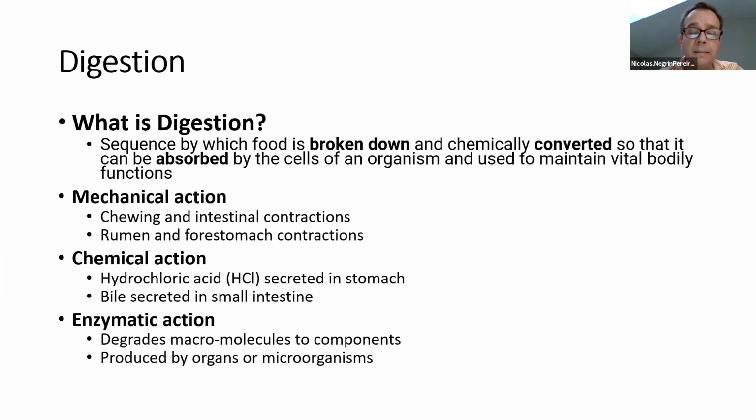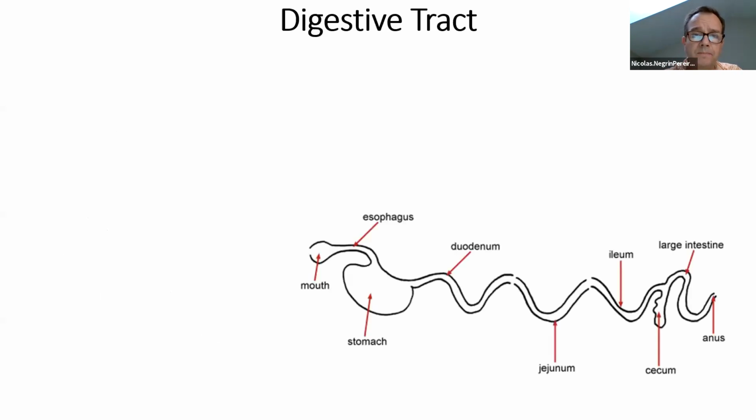These enzymes can either be produced by the organ, for example, the pancreas will be a good example, or by microorganisms. And here we have cellulases. As we know, it's an enzyme that is not synthesized by the host, but by the microbes located in the rumen, and that, of course, contributes to the digestion of cellulose and hemicellulose of plants.